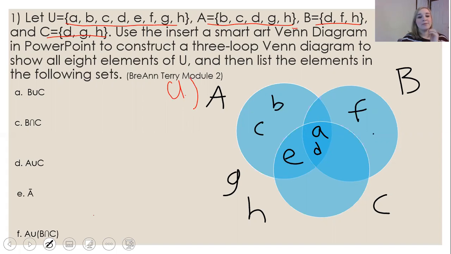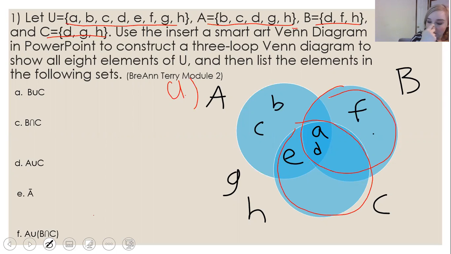So for A, it says B union C. And all union means is everything that B has and everything that C has combined. So if we take a look at that, I'm going to circle C, circle B. And so everything that B has and C has. So all we have to do is write down the letters that are in each of those circles.